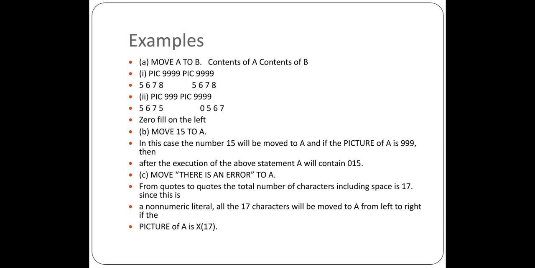So while transferring the value between the sending field and receiving field, if there is a mismatch in the size between the sending field and receiving field, surely there will be some truncation or 0 fill or blank space fill. So all these things are important related to the data movement verb.